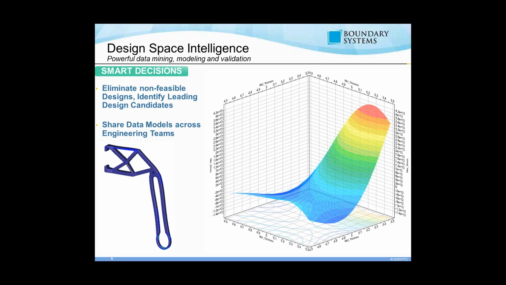Now, the other benefit is you can share the model across design teams. With Optimus, there's a way to make this particular design space model available to other departments. Say, for example, we have a design team that does not have access to simulation software.